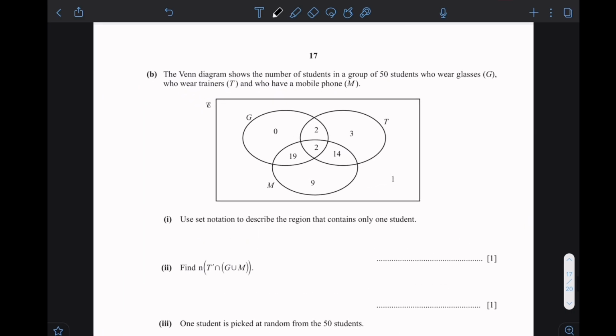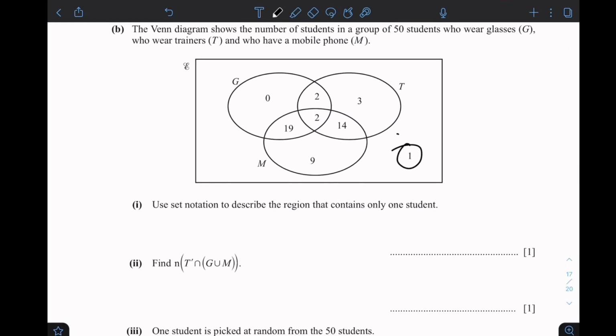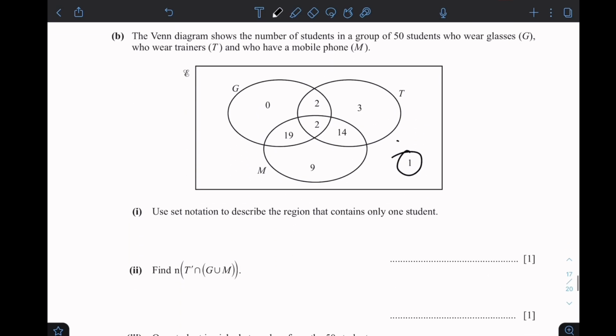Okay, so next question. The Venn diagram shows the number of students in a group of 50 students who wear glasses, G, who wear trainers, T, and who have a mobile phone, M. Use set notation to describe the region that only contains one student. So as you can see, the one student is out of every region, it's in the universal set.